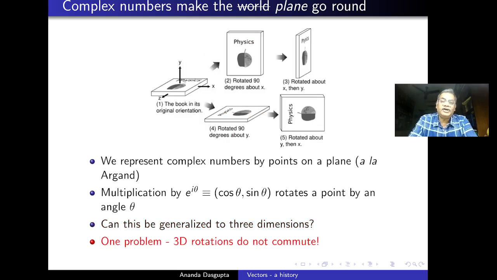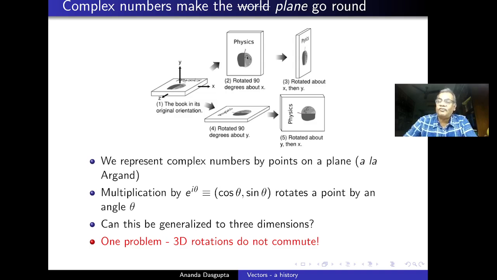Now, this is a picture which should make this clear. Notice that we have started with a book which is placed in a particular manner, and what we are going to do is carry out 2 successive rotations. We have marked out the axes. This is the x, this is the y, and this is the z axis. If we first rotate this book through 90 degrees about the x-axis, it's going to turn around and you're going to get this shape. Now let's rotate it about y.